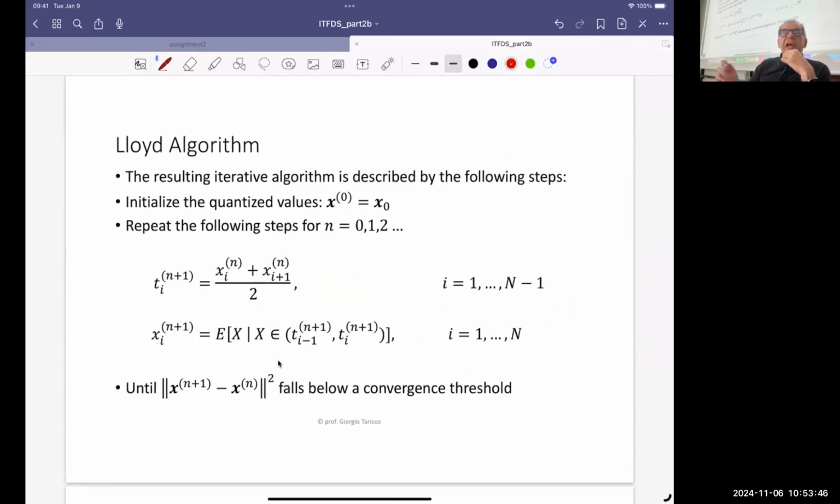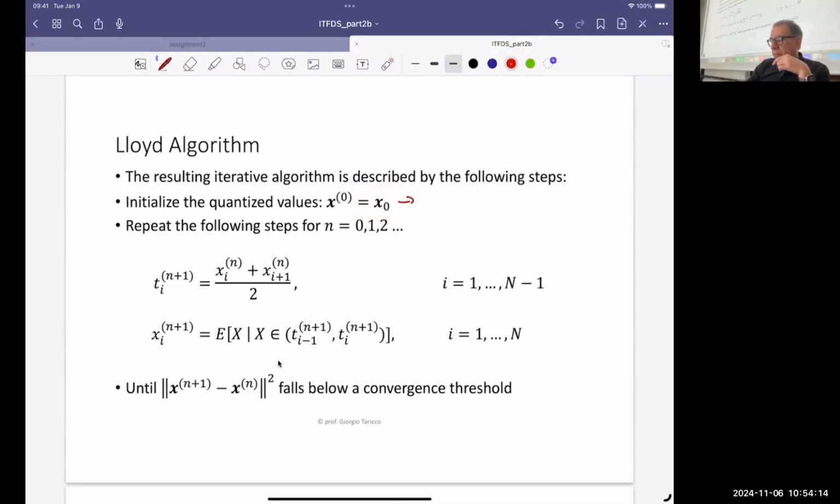We initialize the quantization points, the quantized values, and we call them x with this superscript 0. That means that this is the initialization step, and we set them equal to some x0.